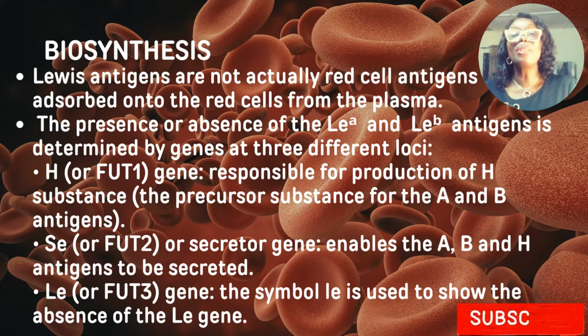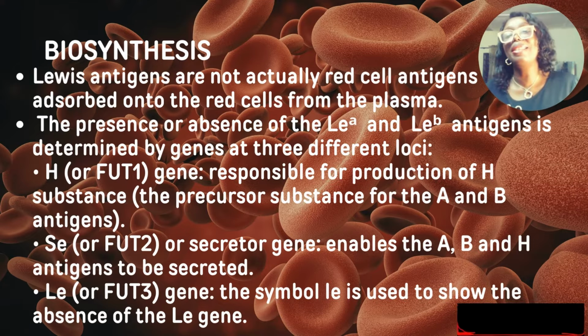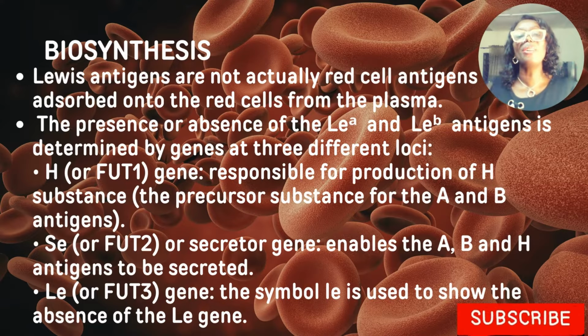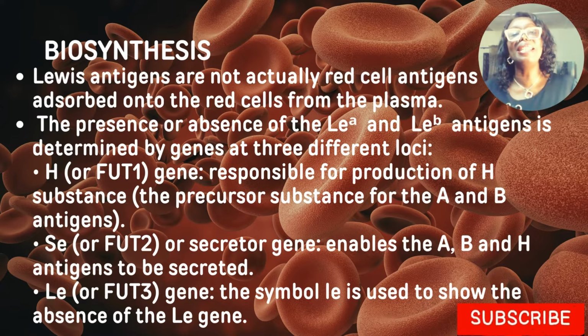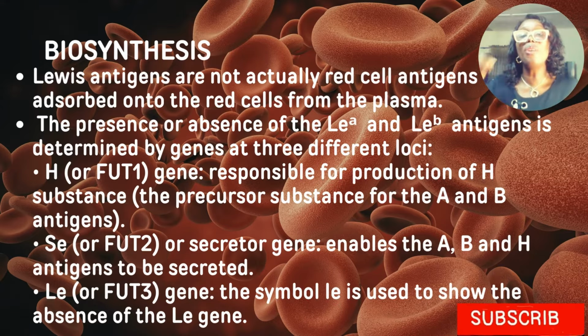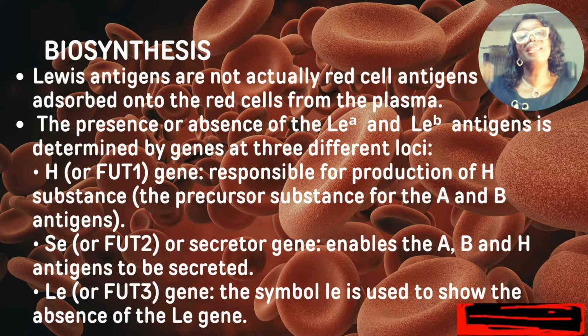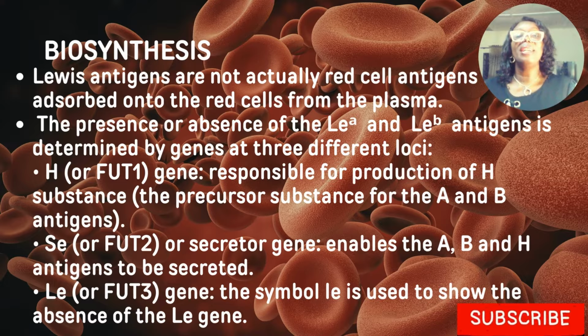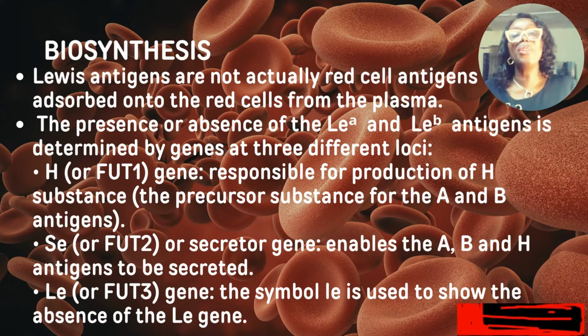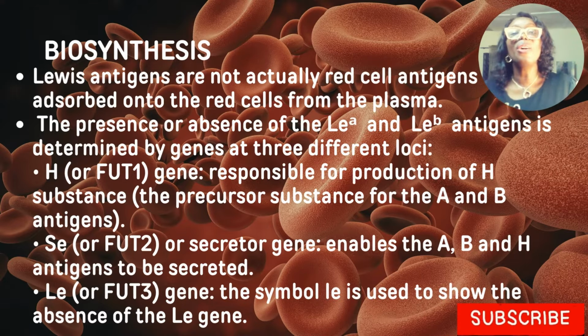It is the precursor substance for A and B antigens. Then we have the second gene, FUT2 gene, that is the SE gene, that is responsible for the production of A, B, and H substance in the body fluids. That is the one that makes an individual either a secretor or non-secretor.